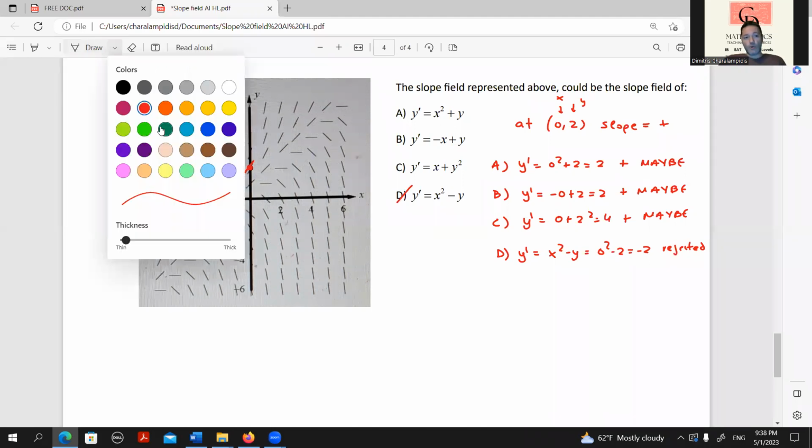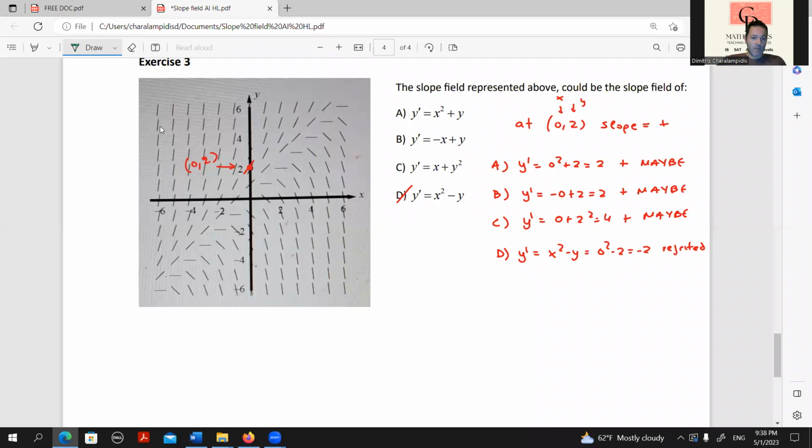We should continue, however, with another point. Let us use this point here, which is the point with coordinates 2, 0. And here we see that at this point, slope is negative. So let's try and plug these coordinates in the left 3 cases.